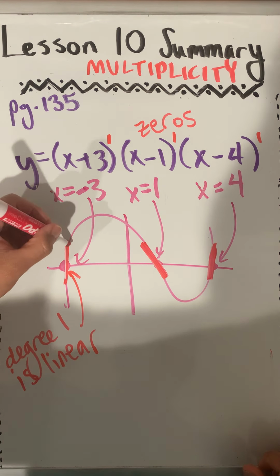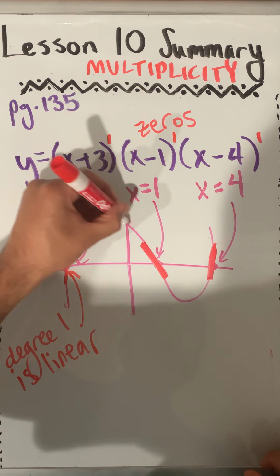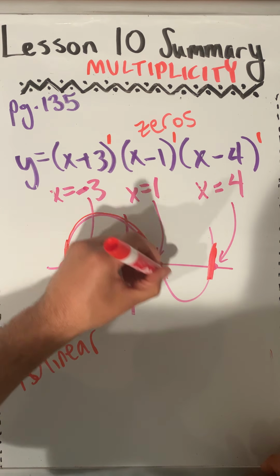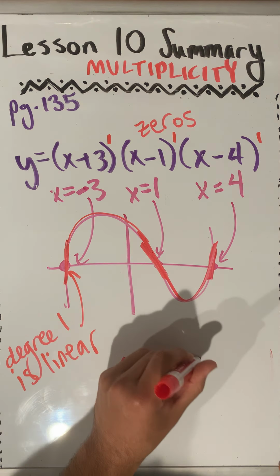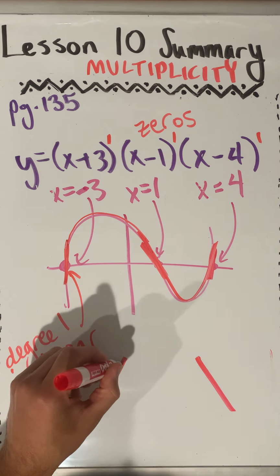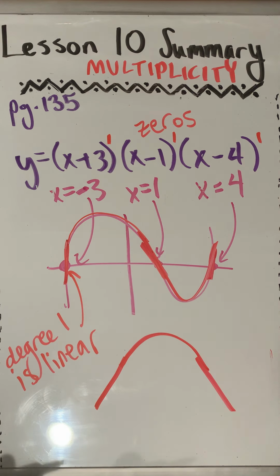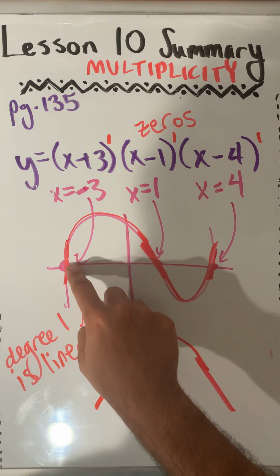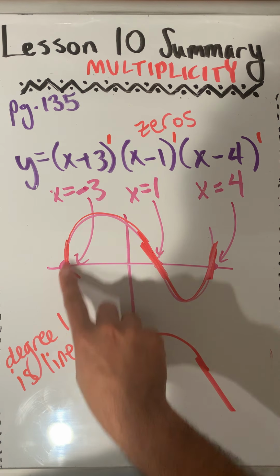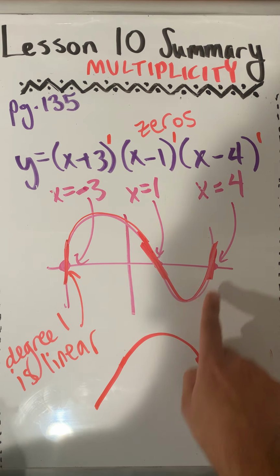Yeah, this line will lead into a curve. This line right here where it's flat will lead into a curve. So watch this. Look at this line, look at this line. I can connect them with the curve there, okay? So we say they're linear. If the multiplicity is 1, that part is going to be linear where it crosses the graph.